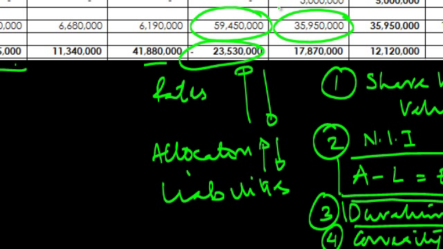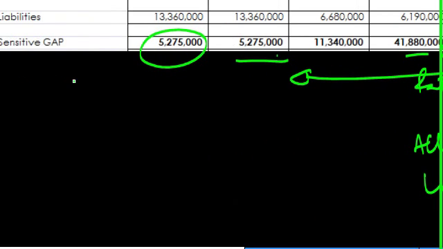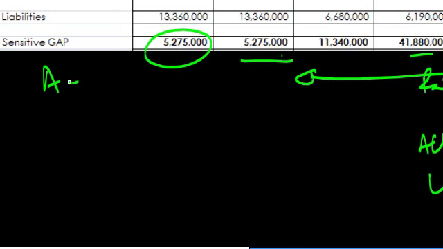Now, when we speak about this gap, what does this gap represent? There are actually two separate relationships. The first relationship is with respect to shareholder value. This relationship basically says that assets minus liabilities equal equity.